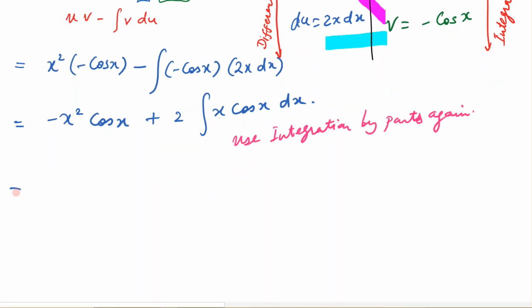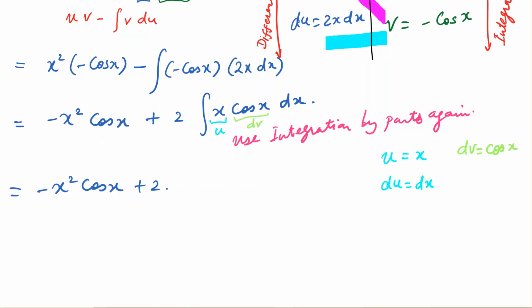So we get negative x squared cosine x. And for this one, again, we need to choose our u and dv. So u should be the factor that differentiates to a simpler form. So x would be our u, and cosine x dx would be our dv.